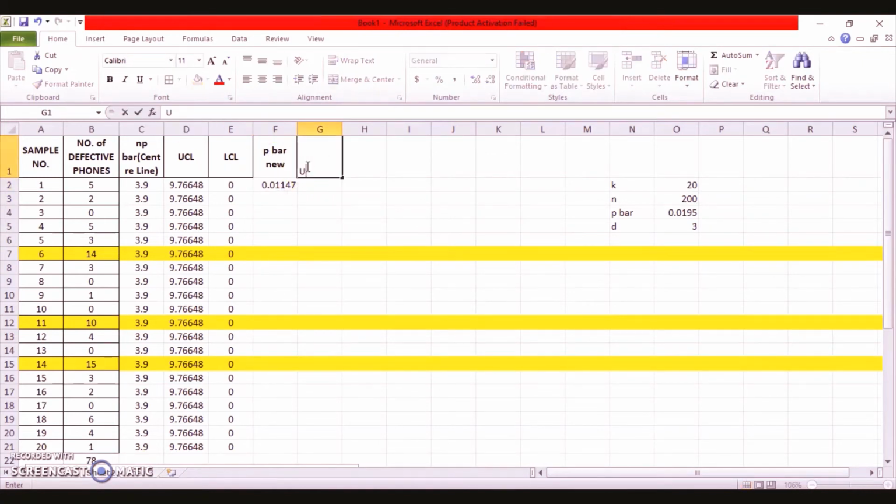Now the next step is to find the upper control limit new and lower control limit new. For upper control limit new, the formula is np bar.